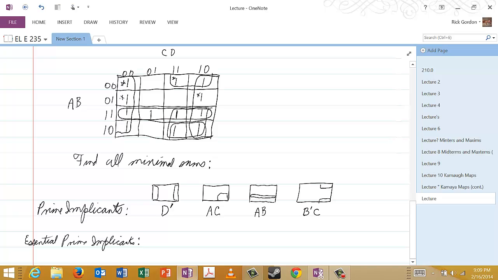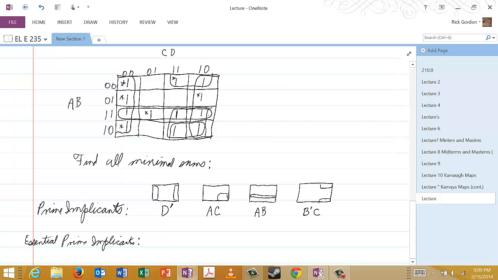This one is. This one is not. This one is. This one is. This one is not essential. This one is not essential. This one is not essential. And this one is not essential.